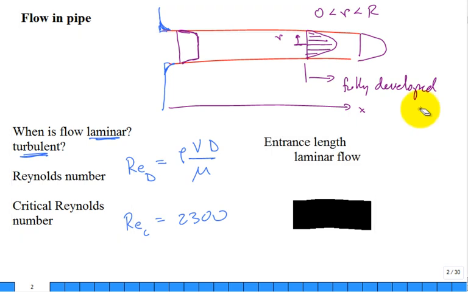What is this entrance region? Let's call this the distance x to become fully developed, and because we're going to consider thermal considerations after hydrodynamic considerations, we'll first talk about hydrodynamically fully developed. So what is the equation for that to become fully developed hydrodynamic?